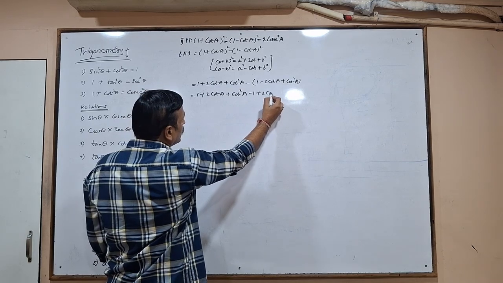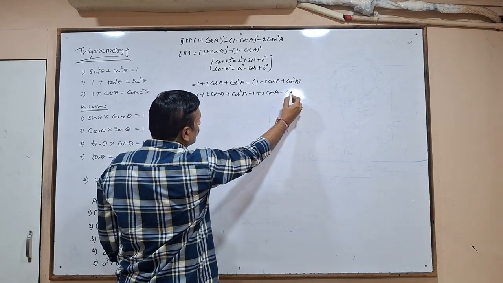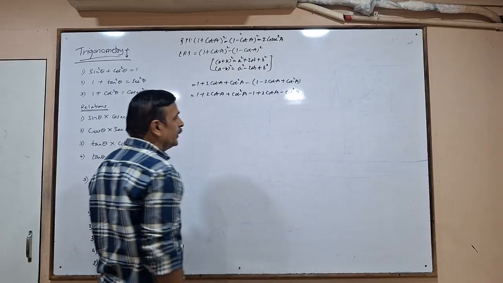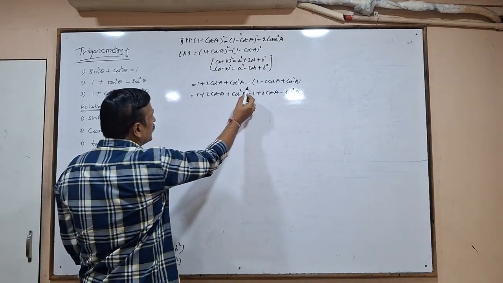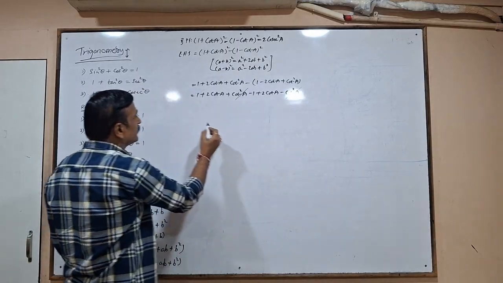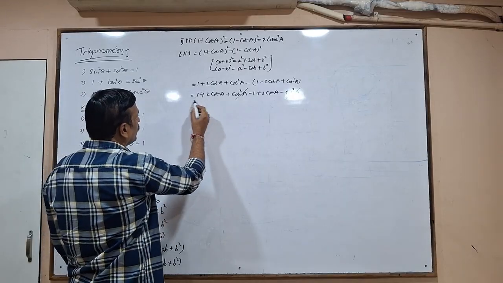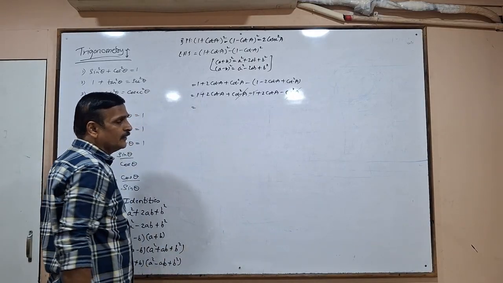Minus 1, plus 2 cot A, minus cot square A. Obviously, positive and negative get cancelled.